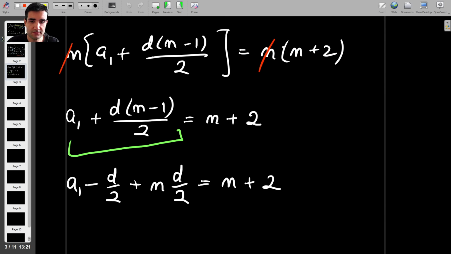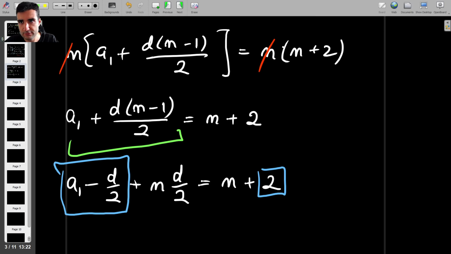Because if this has to happen for any n which is at least 1 and integer, it means that this free term has to be equal to the free term on the other side, and also the coefficient of n on this side has to be equal to the coefficient of n on the other side, which is 1. So we have a system which is essentially 2 equations and 2 unknowns.